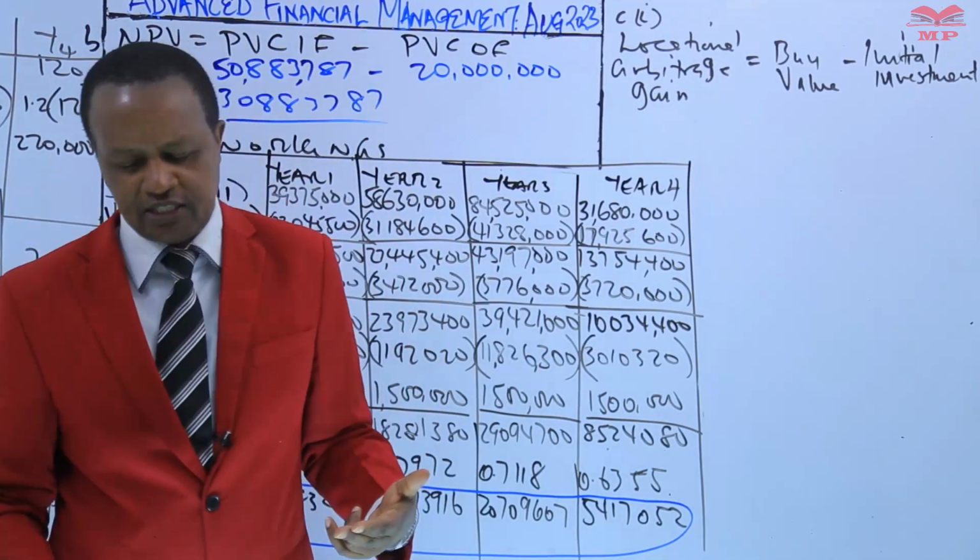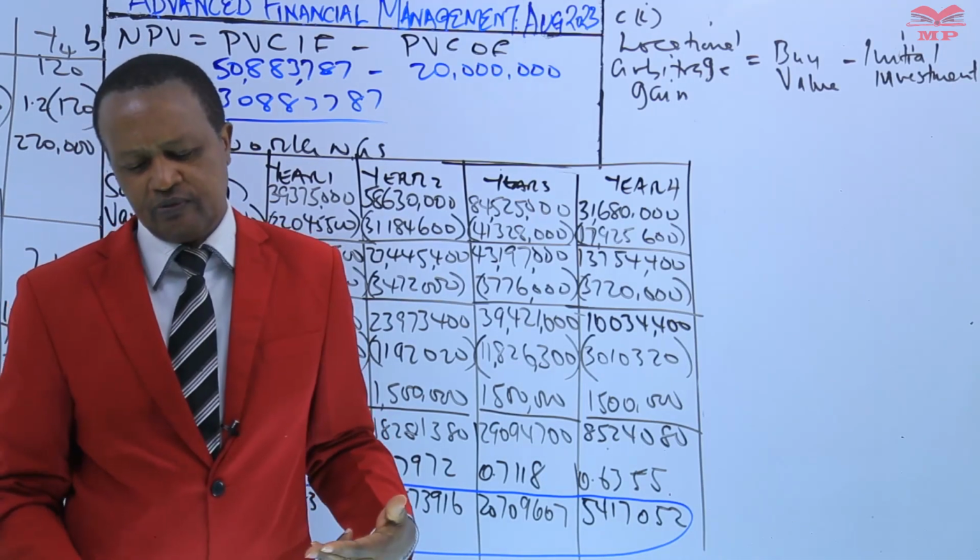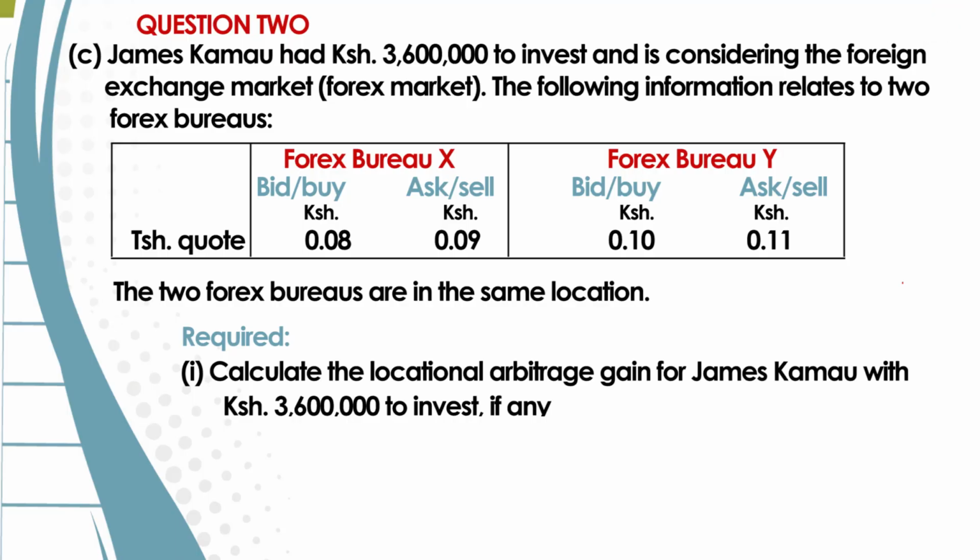So I want you to imagine, candidates, that you have 3.6 million, which you want to use to exploit price differences in the forex exchange market. And you have these two forex bureaus, X and Y. So you need to check which forex bureau this investor should buy the Tanzania shillings from.